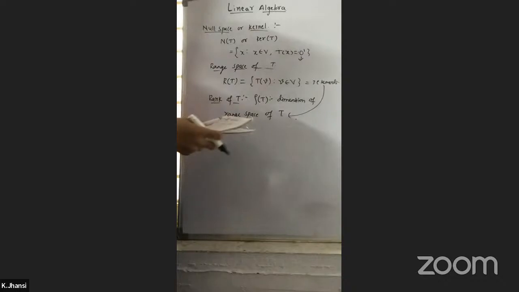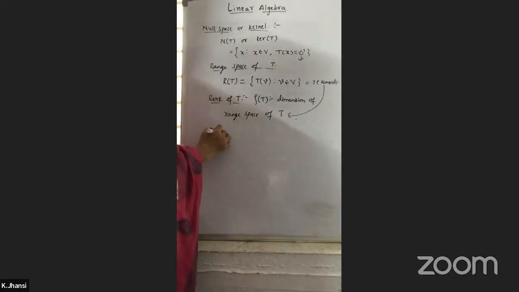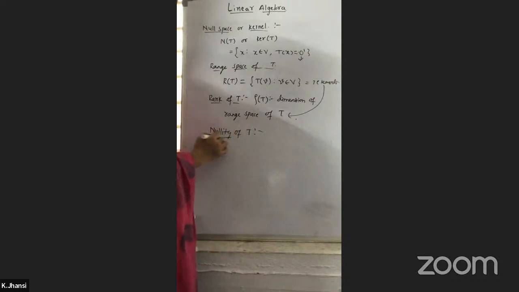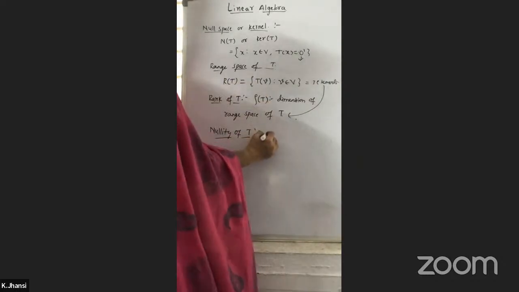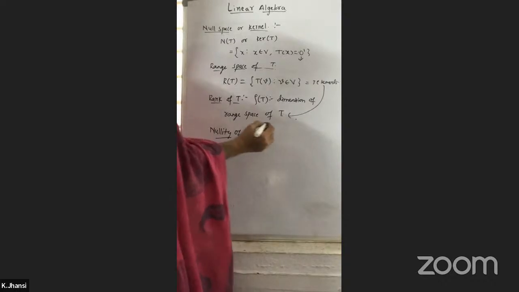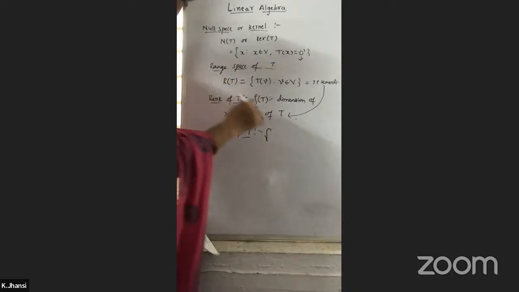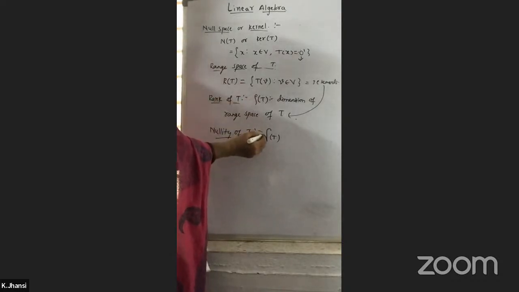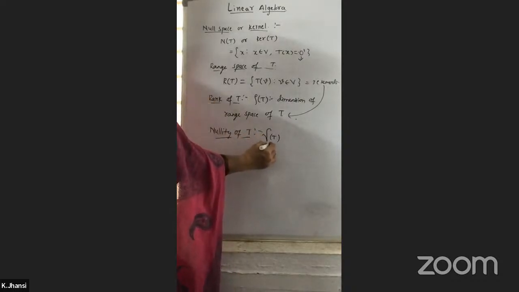Okay. Next, we have nullity of T. So nullity of T is denoted as nu. Like this it is. Nu of T. Okay.